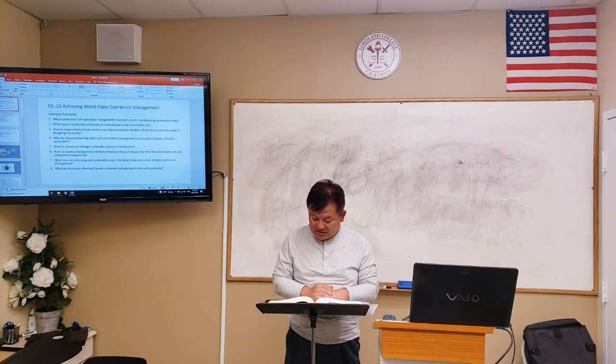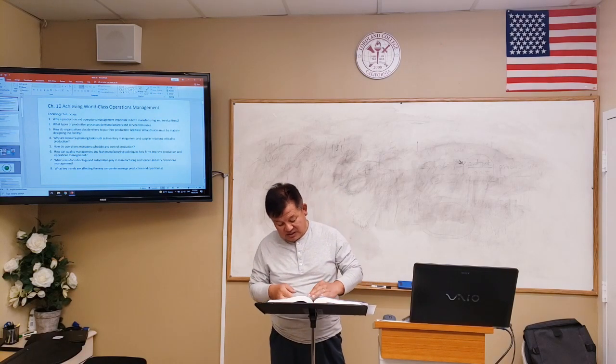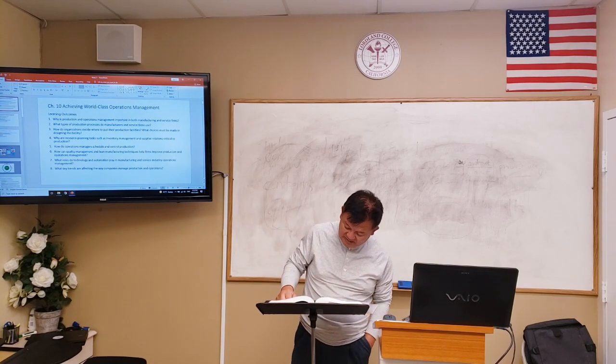What roles do technology and automation play in manufacturing and service industry operations management? And what key trends affect the way companies manage production and operations? I said several times that this final chapter of the textbook is about future trends, so this chapter also covers the key trends for the future.